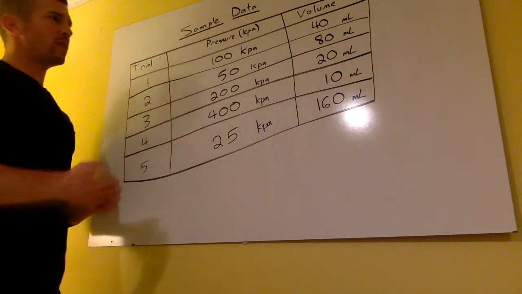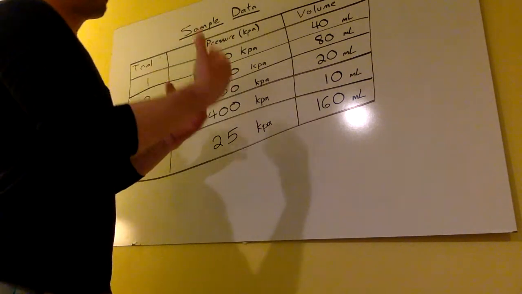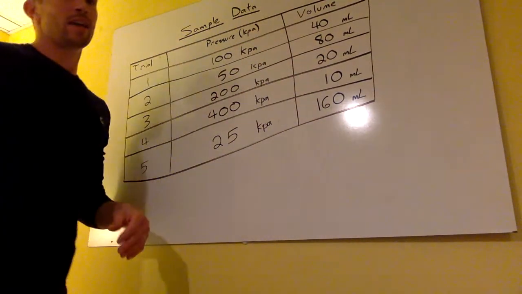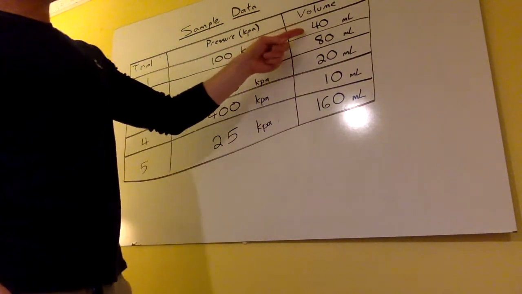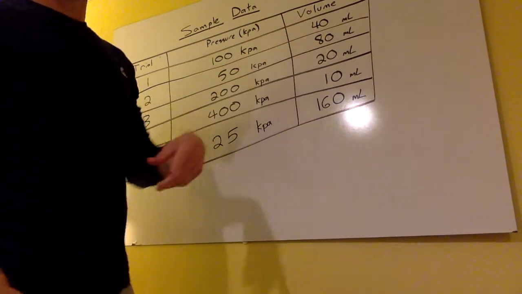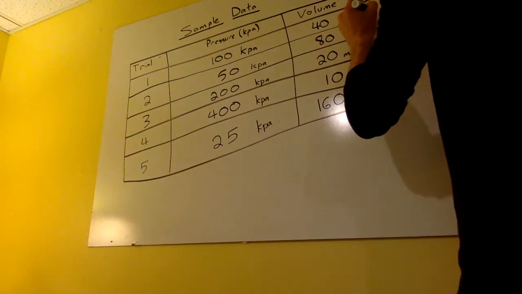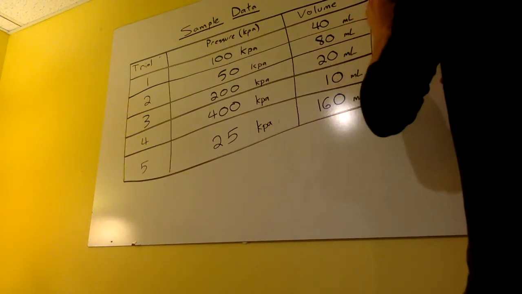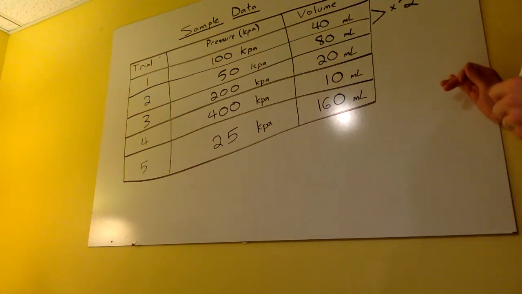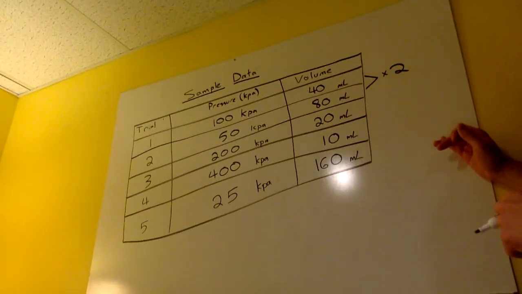So let's look. Let's pick a volume, 40. Okay, and so if my volume doubles and goes from 40 to 80, when I'm doubling, I am multiplying by 2, right? So to go from 40 to 80, I multiply by 2. All right.